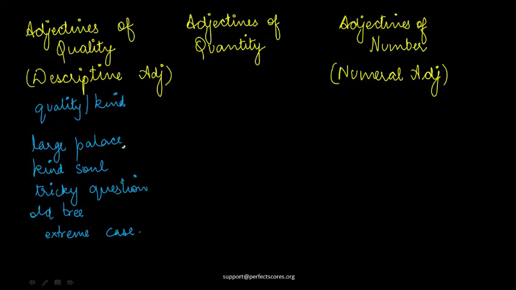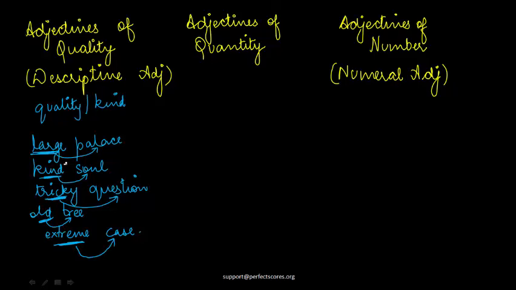So the adjectives are all on the left side. Large is the adjective that describes a noun, which is a thing, a palace. Kind is the adjective that describes the noun soul. Tricky is the adjective that describes the noun question. Old is the adjective that describes the kind of tree. Extreme is the adjective that describes the noun, which is a case.